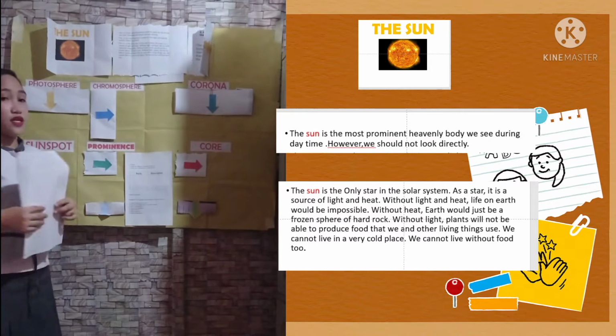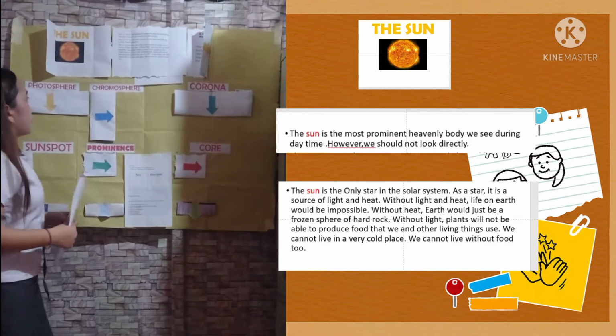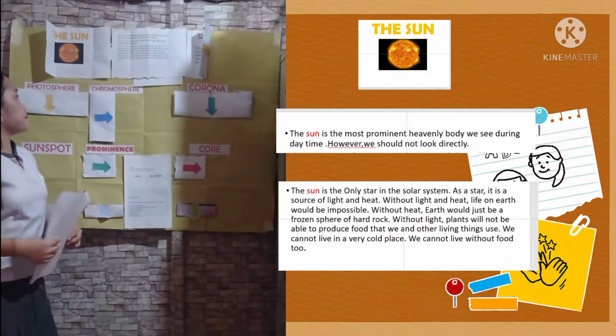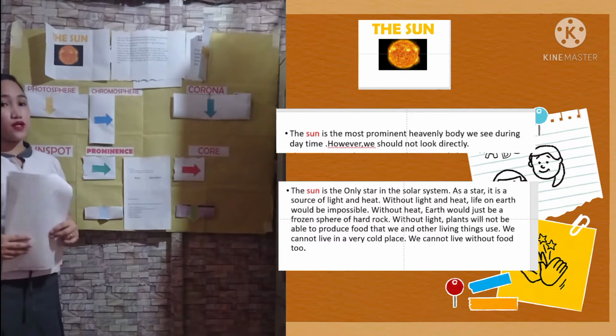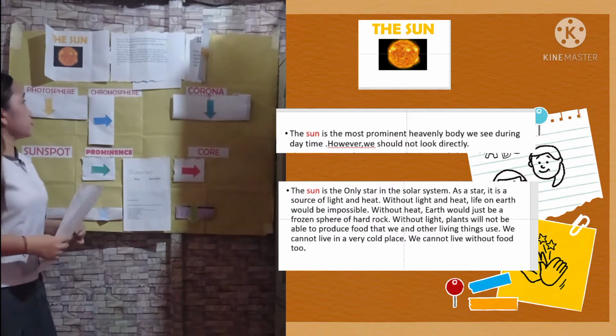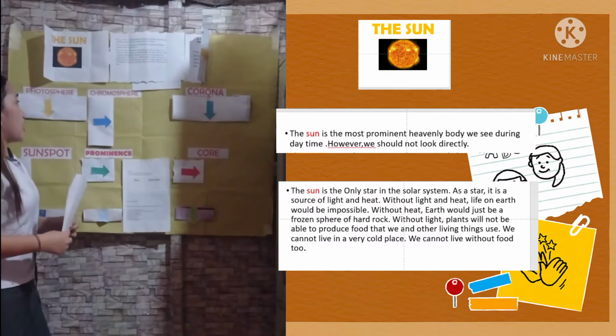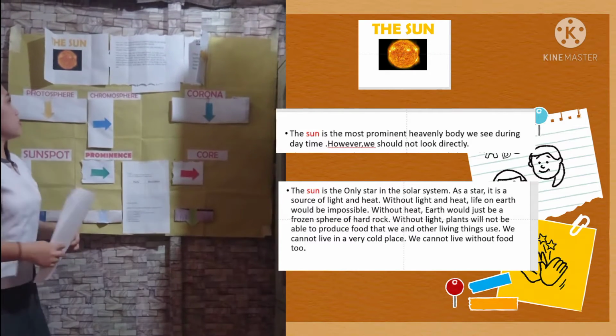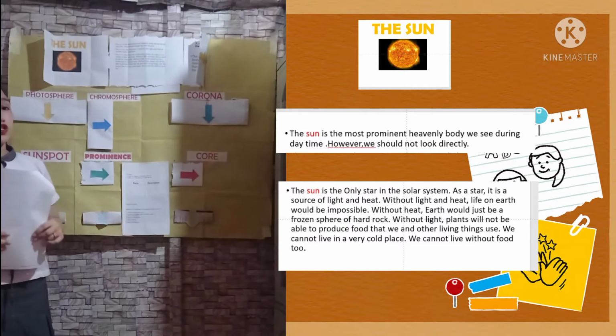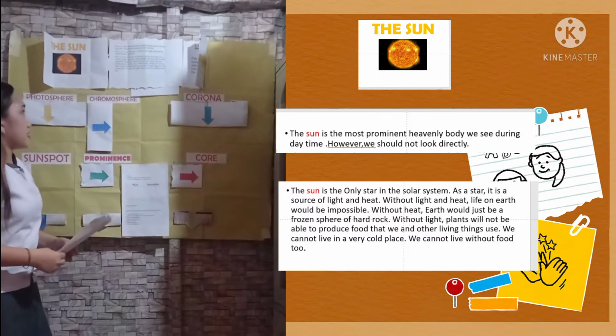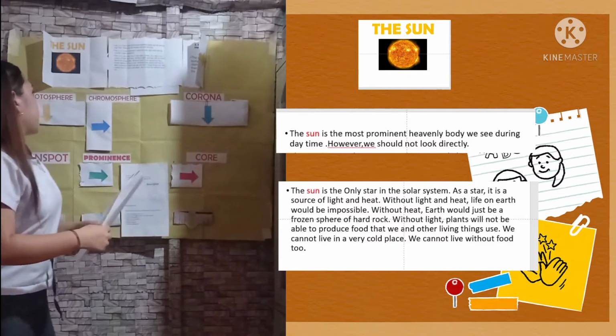Without heat, Earth would just be a frozen sphere of hard rock. Without light, plants will not be able to produce food that we and other living things use. We cannot live in a very cold place. We cannot live without food too.